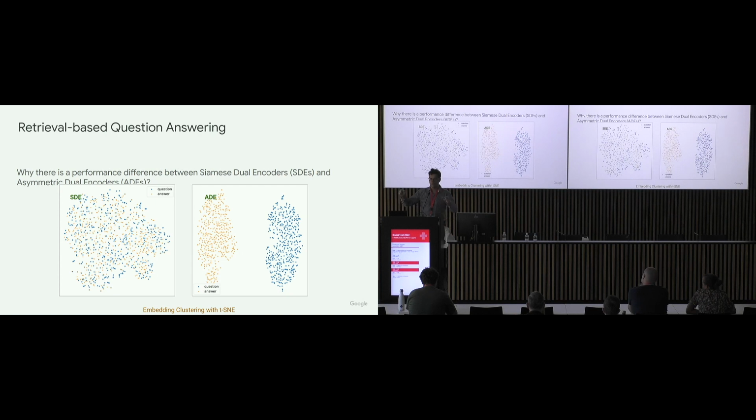And yes, it's trained to force the question and the answer to be as close as possible, but because they don't share any parameters, each tower just chooses one region in the space and plots things there. All the questions come in this place, all the answers come in this place. The Siamese dual encoder is basically projecting everything in the same region, in the same space, and it is much more flexible to ensure that the question and answer are very close together.